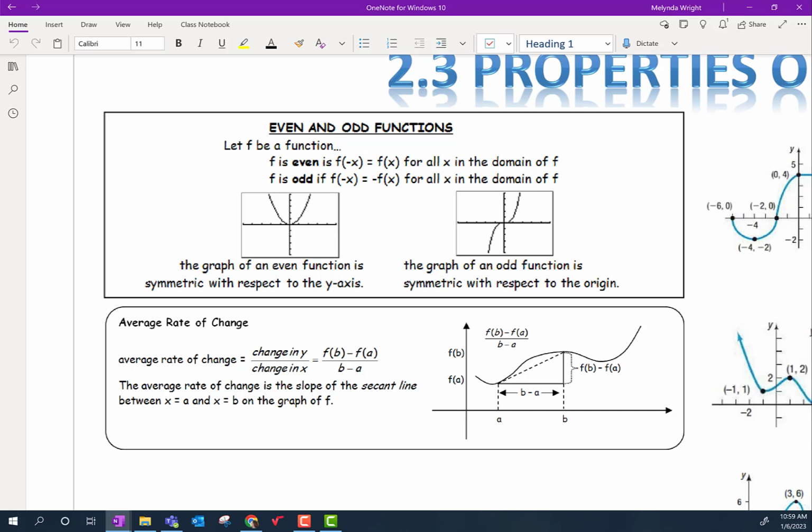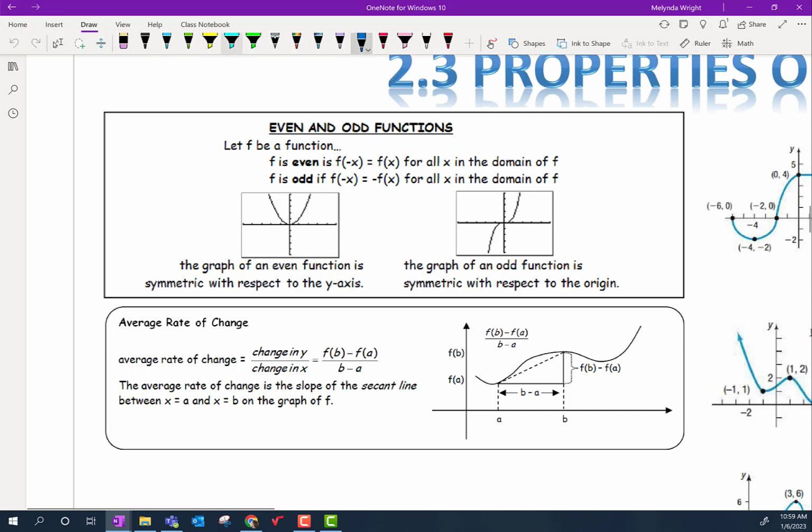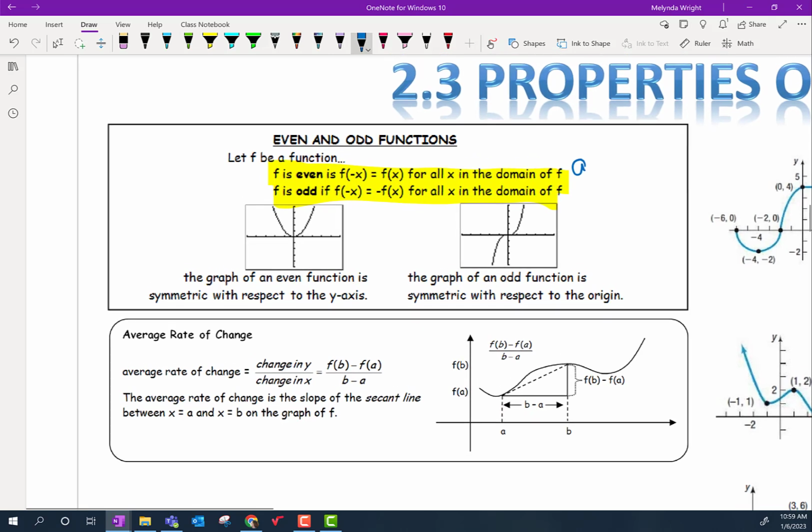There are a couple of different ways that we can test whether a function is even or odd. One of the ways is algebraically. This portion up here is the algebraic way. You may remember this test from last year.